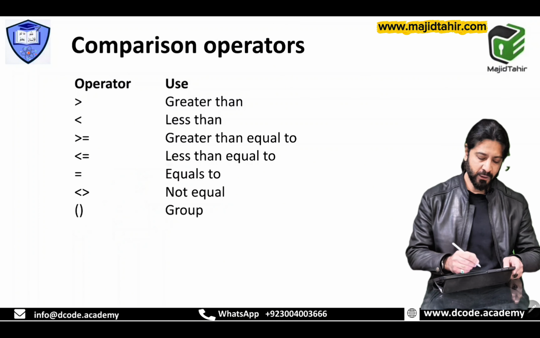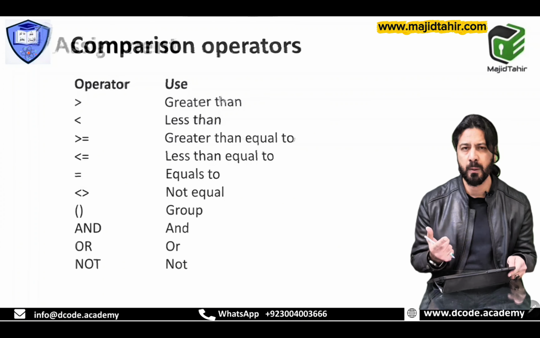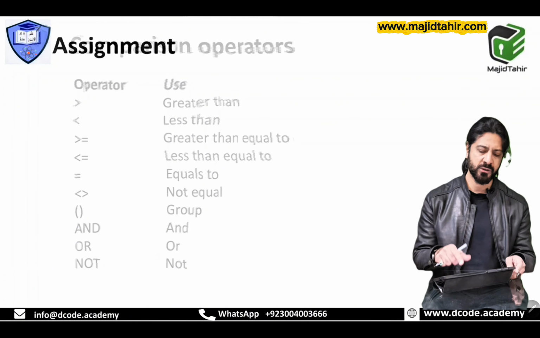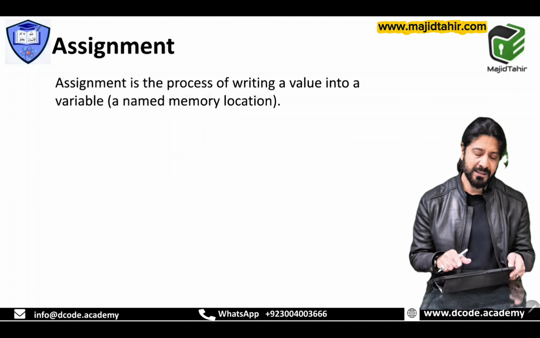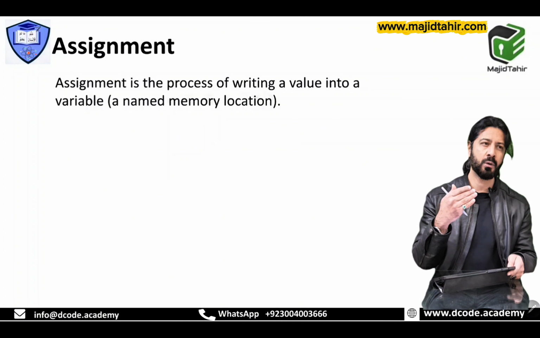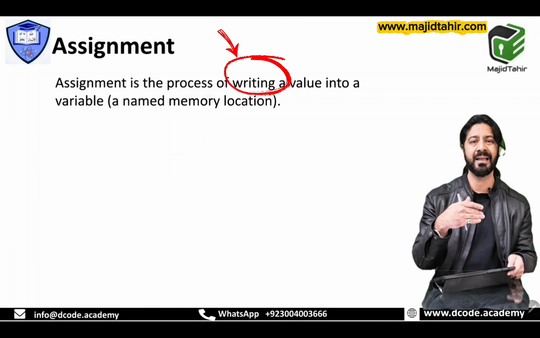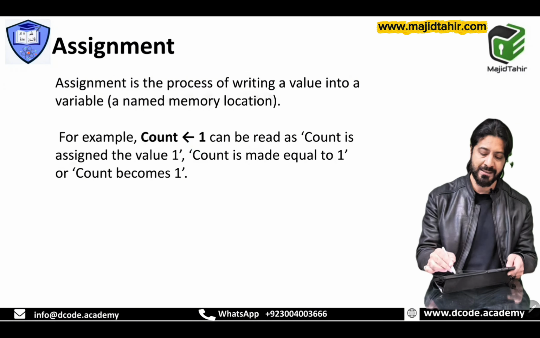For grouping statements, we use the brackets just like maths. AND, OR, and NOT are logical operators. We will be seeing those more in the conditional statements. Then the assignment is when you're assigning a value to a variable. When you create a variable for the first time and assign a value to it, we call it the assignment operator.